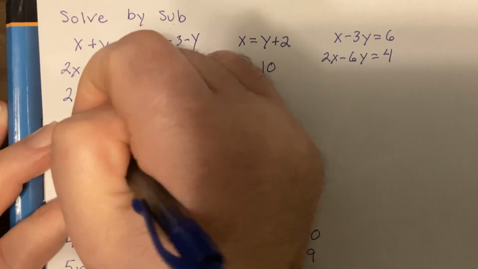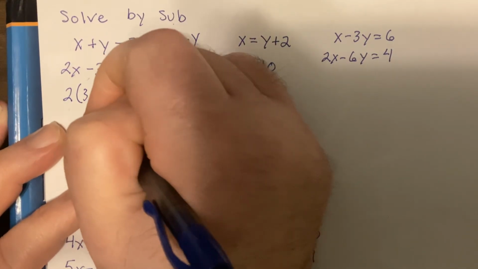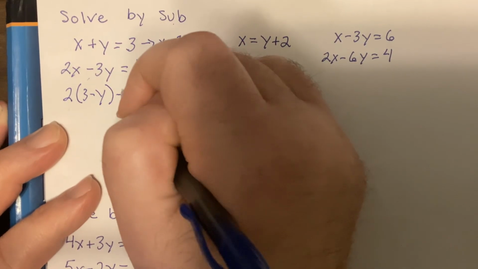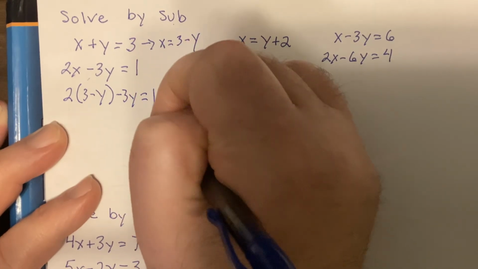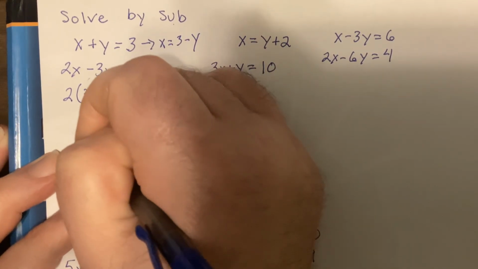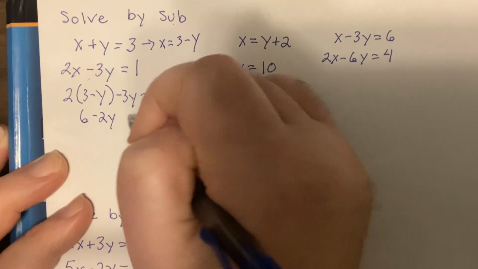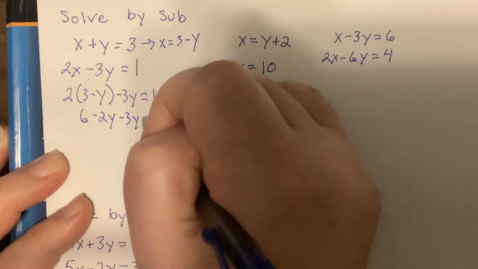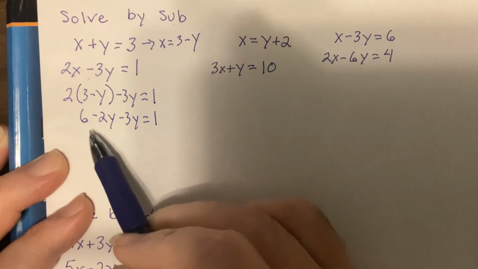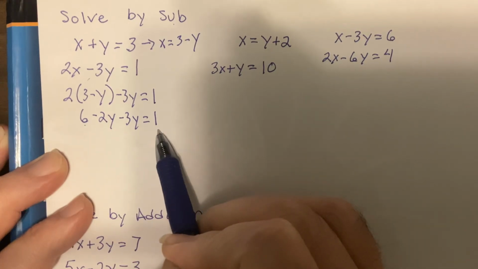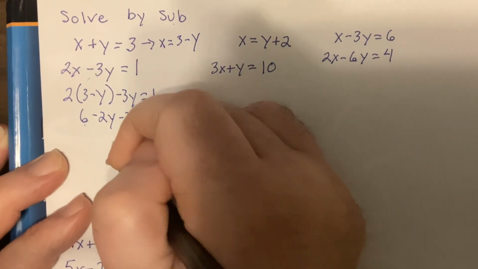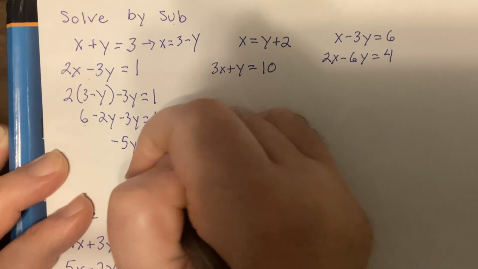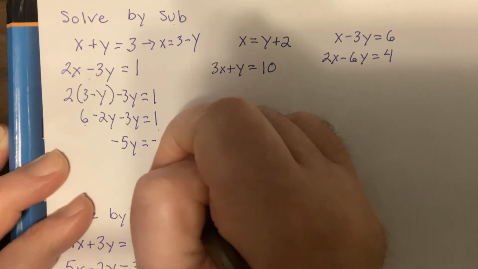So I'd have 2 parentheses, 3 minus y, minus 3y equals 1. So it'd be 6 minus 2y minus 3y equals 1. So I'm going to subtract 6 and combine the y's. So it's minus 5y equals minus 5.